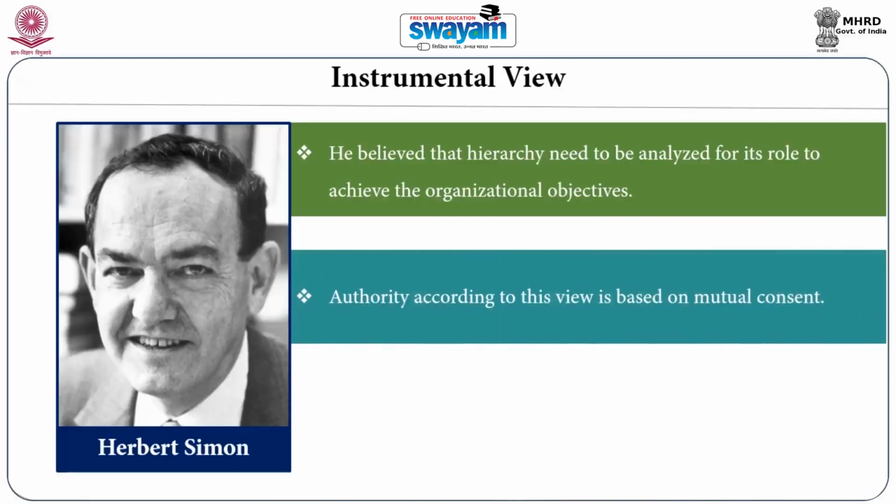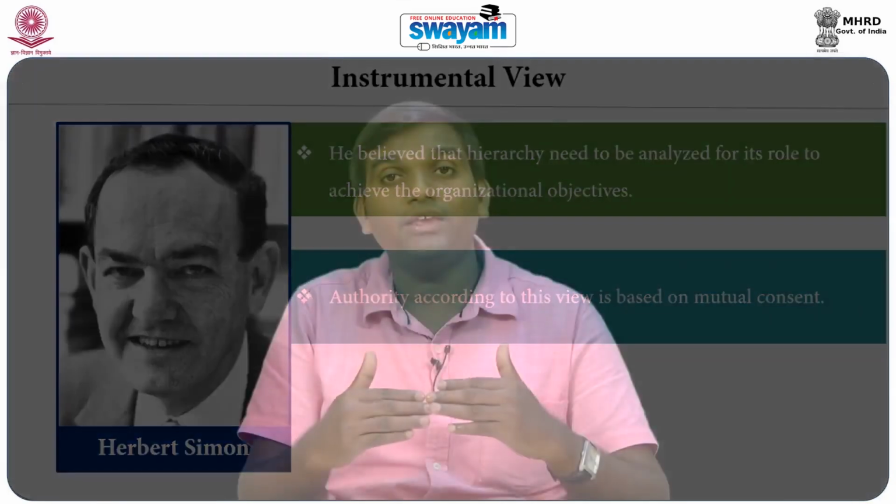So, hierarchy, according to him, should be used to maximize its role to get the work done. In other words, he says that the superior and subordinate should have a mutual consent and a mutual trust, which is missing in the conventional view of hierarchy. He sees hierarchy as a role only. Once the role is finished, there is no question of hierarchy at all.